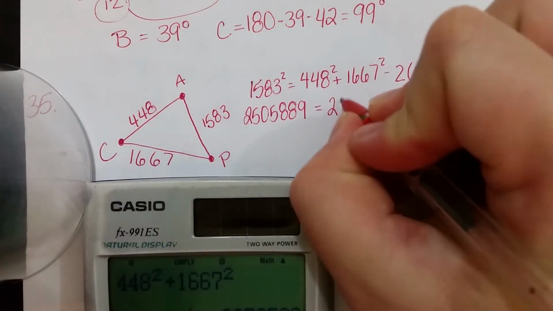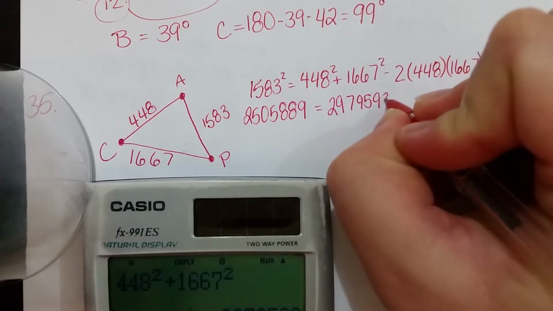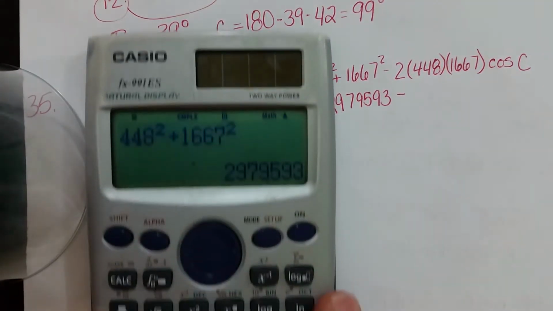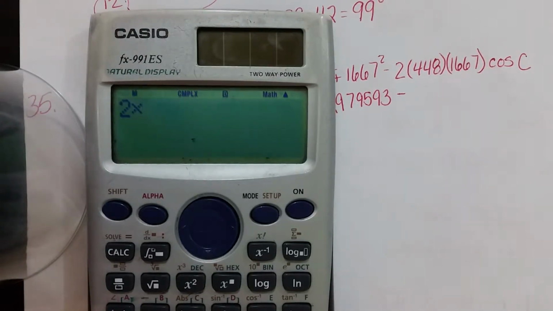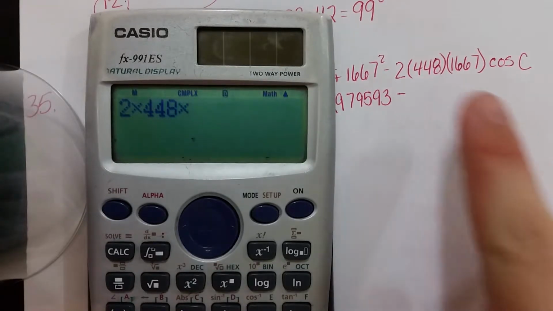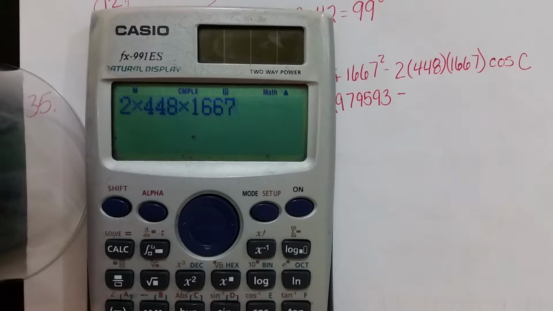Obviously, also a very large number. 2979593 minus. This, I'm going to do all the calculations, but I'm going to leave it there. Times 448, 1667.